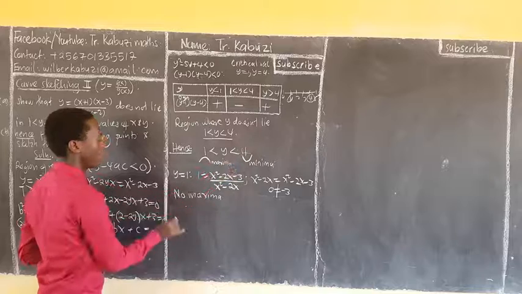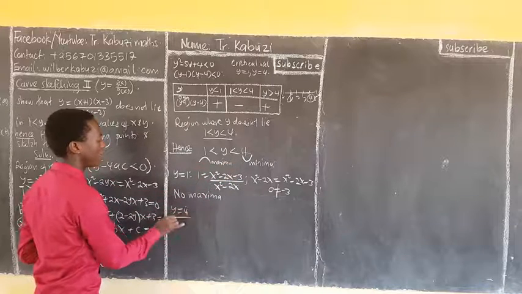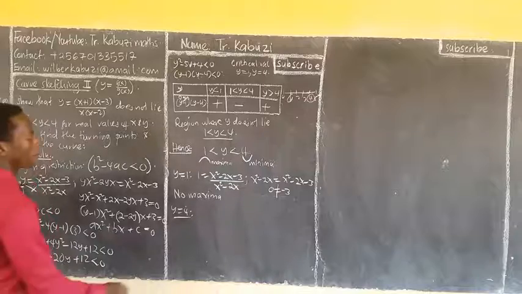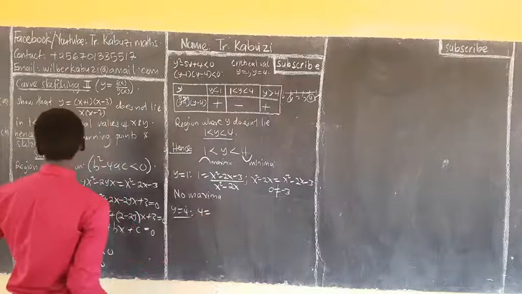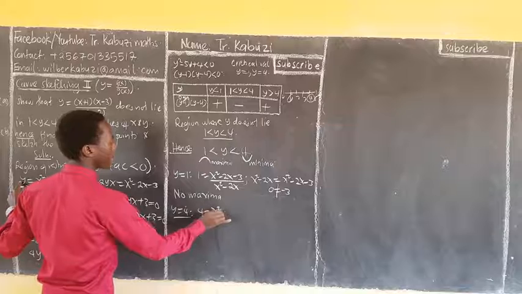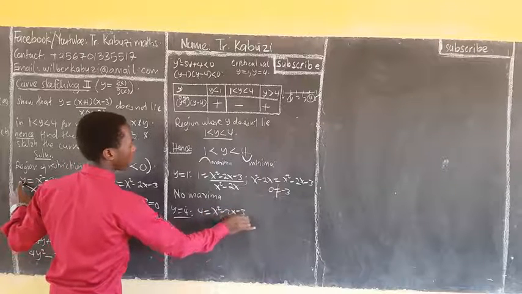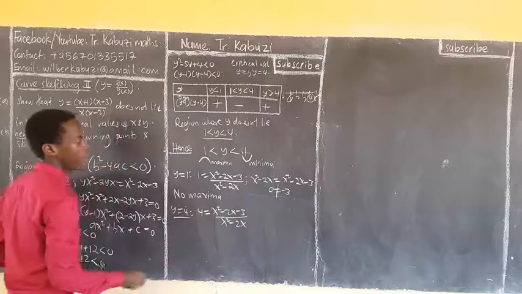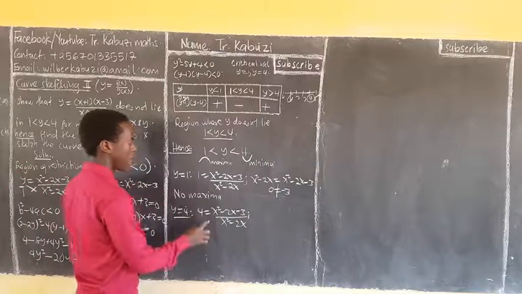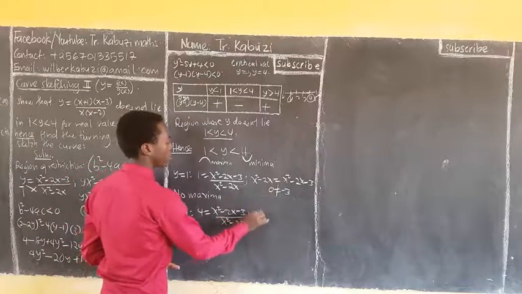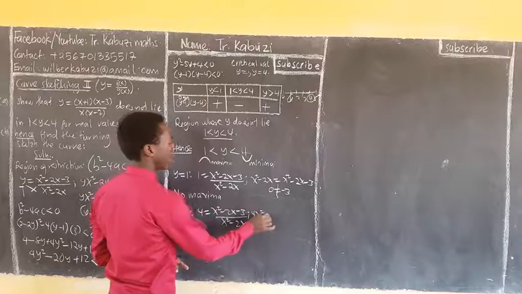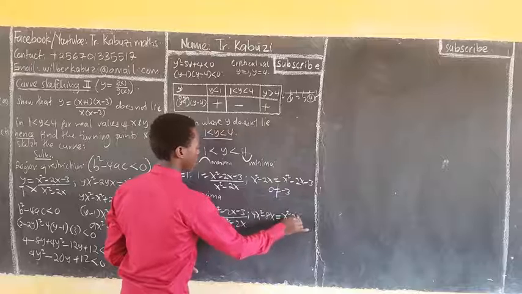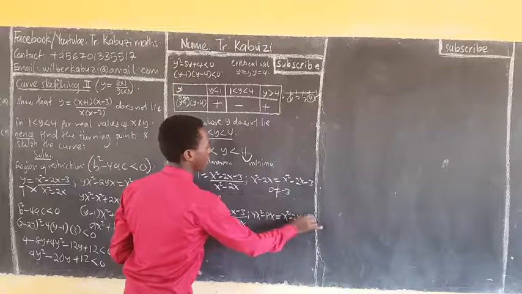Now, to get the minimum, when y is equal to 4, what will you be having? Where there is y, we put 4. Cross multiply, we have 4x squared minus 8x equal to x squared minus 2x minus 3.